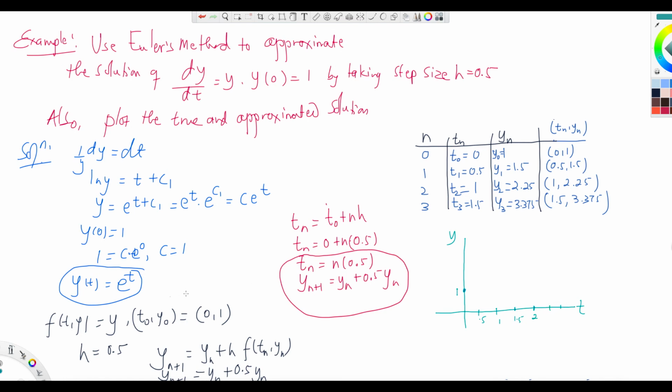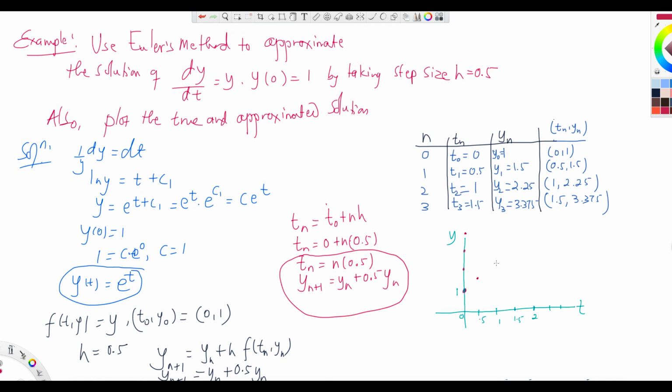When you plot y equals e to the t, when t is 0, it is 1. This is one point. And when t equals 0.5, e to the 0.5 is 1.64, maybe somewhere here.